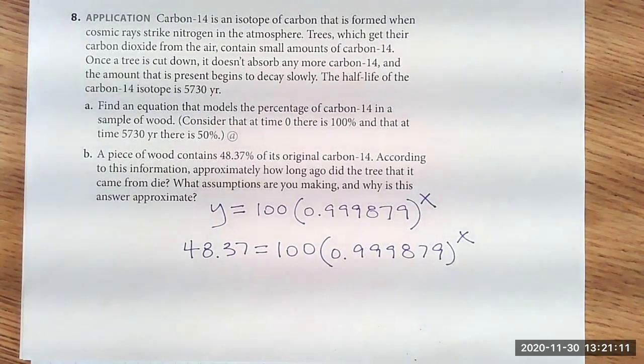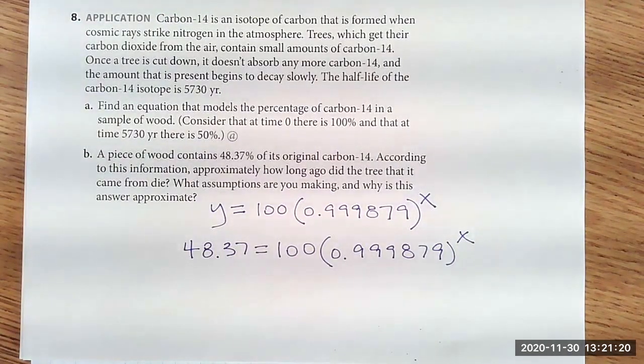So solving for x is just a little bit different than solving for B. We need to use logarithms. We're not going to use powers to undo other powers. We're going to use logarithms to undo exponents.